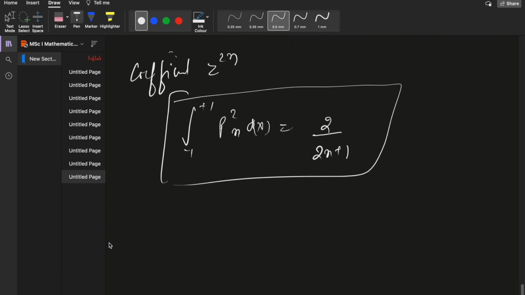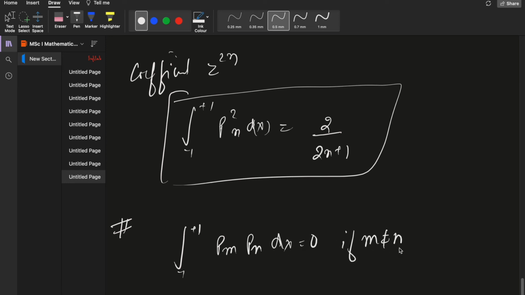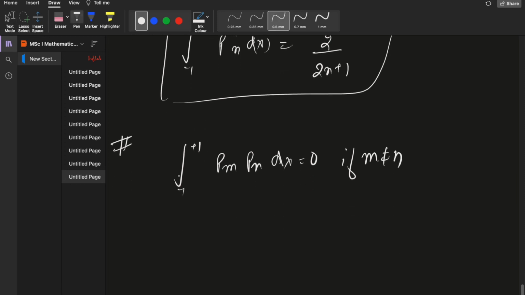So what we have calculated today is: the integral from minus 1 to plus 1 of P_m(x) P_n(x) dx equals 0 if m does not equal n, and 2 upon 2n plus 1 when m equals n.